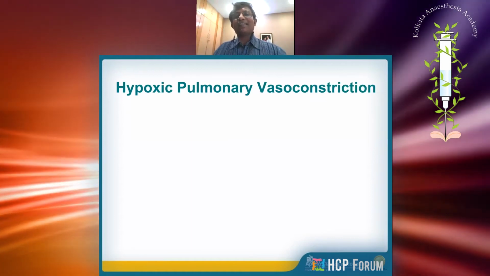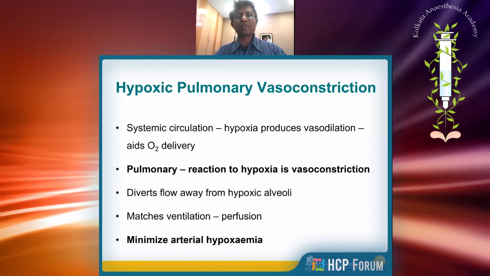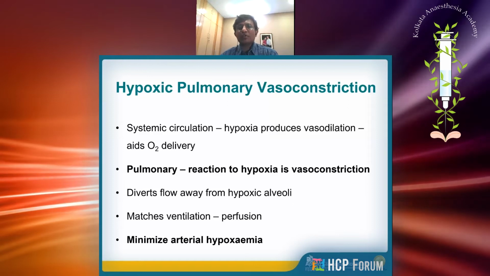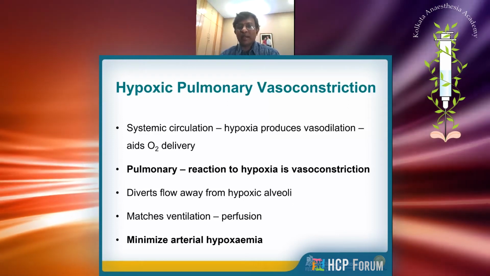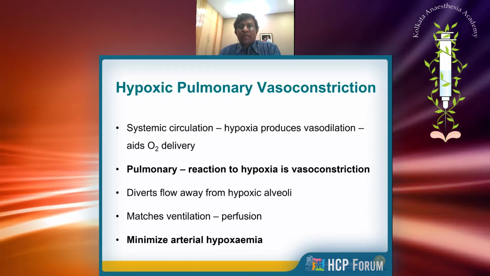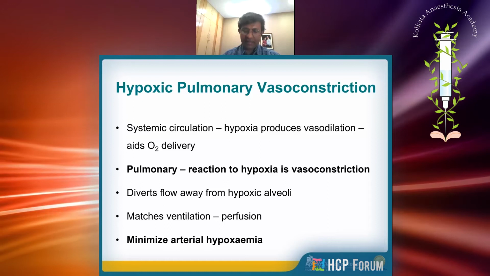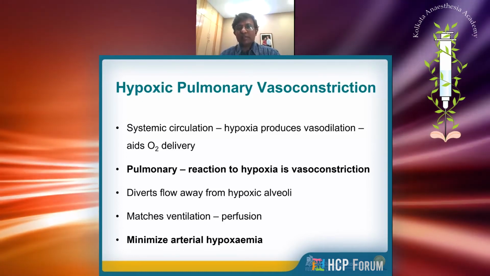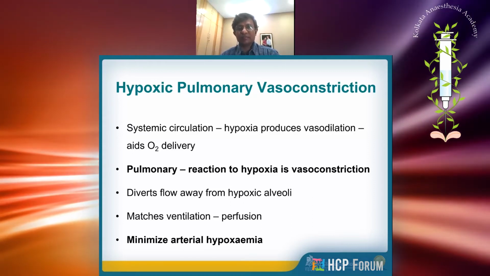And the other thing that we need to understand is hypoxic pulmonary vasoconstriction. So in the systemic circulation, what does hypoxia produce? It produces vasodilation, because that will aid in oxygen delivery to that tissue. So if you have a hypoxic area, there will be vasodilation to improve the oxygen delivery. In the pulmonary circulation, the reaction to hypoxia is vasoconstriction.